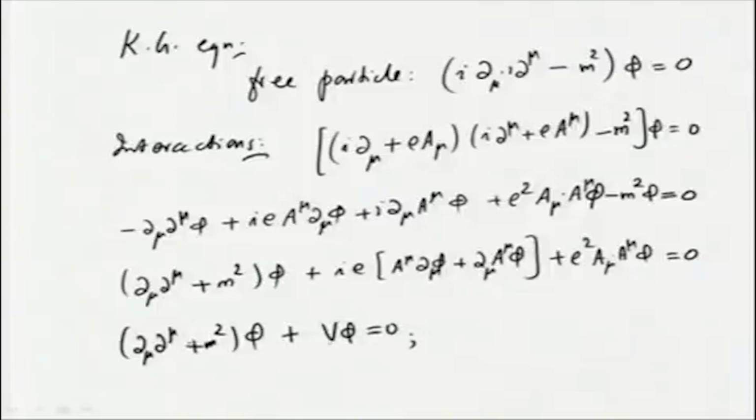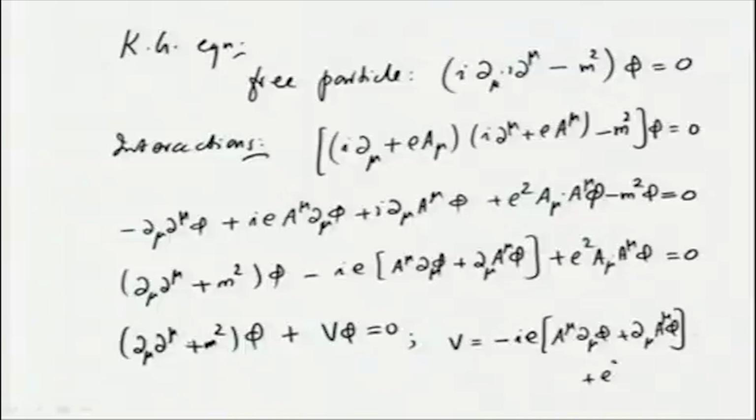So, this is the usual way of writing the kinetic energy term, mass term and the potential term. The potential here is essentially minus i e A mu del mu plus del mu A mu, plus e squared A mu A mu. I should have been more careful about the minus sign.